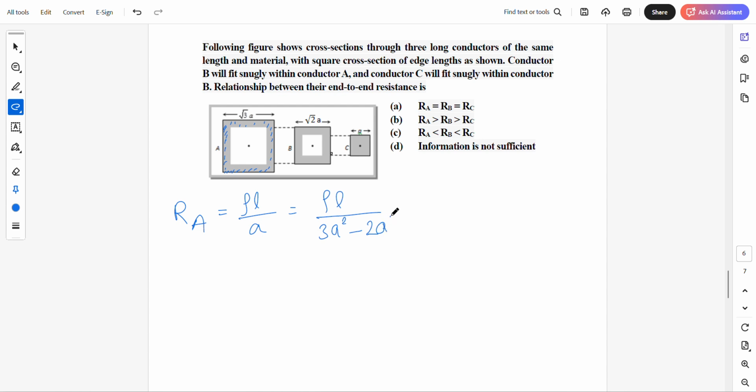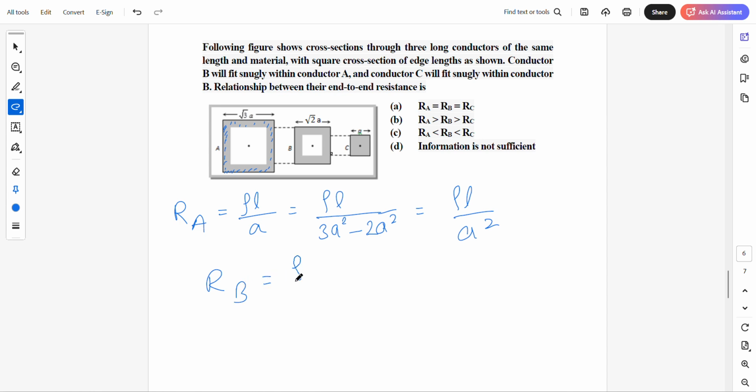That is the resistance of A. RA is equal to rho L by A, rho L as it is. Area is this length into breadth outside, that is 3a square minus 2a square, so you are going to get rho L by a square here. Understood?